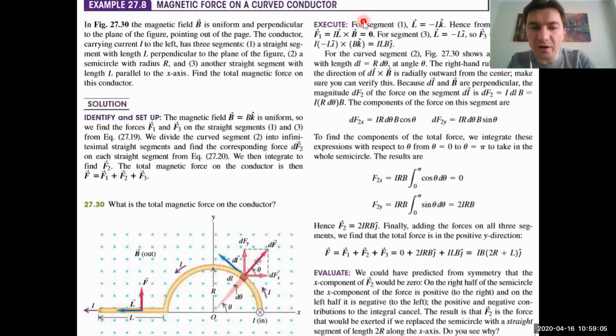For segment 1 here, first part, the length is given by minus L k, and this is the direction of the field, and direction of the current, and they are in the same direction, okay?